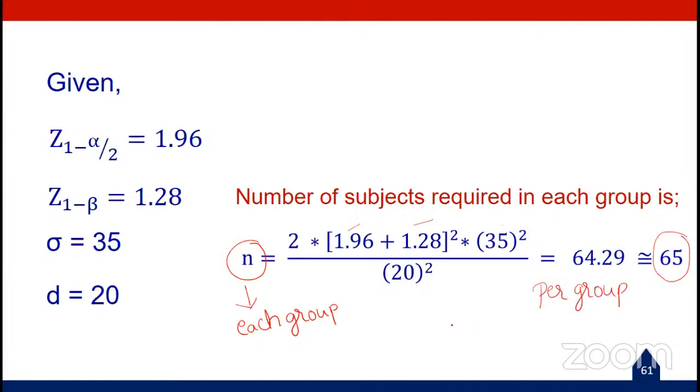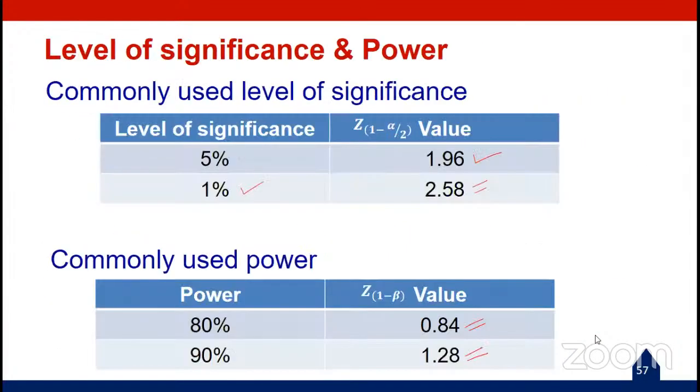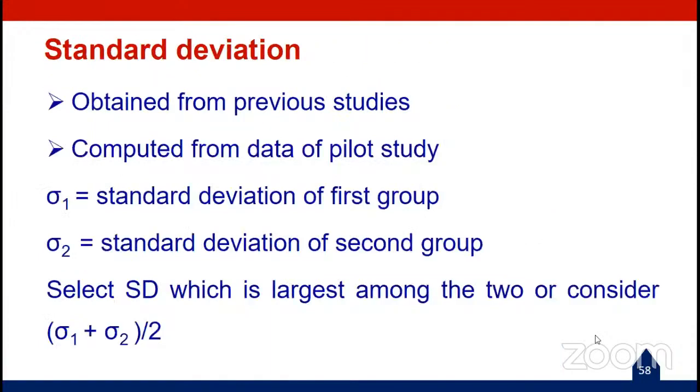Total sample size will be 65 plus 65, which is 130. So this is the sample size for comparison of two means.